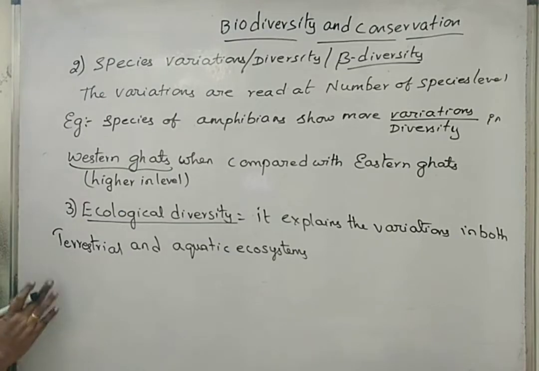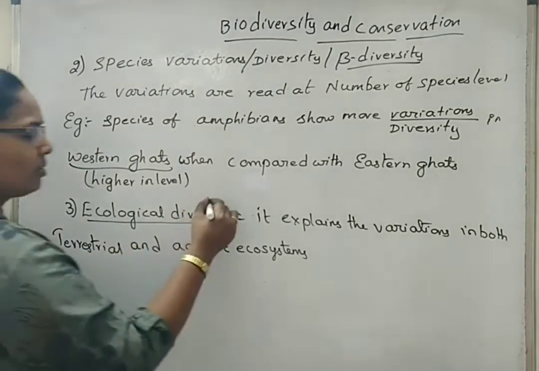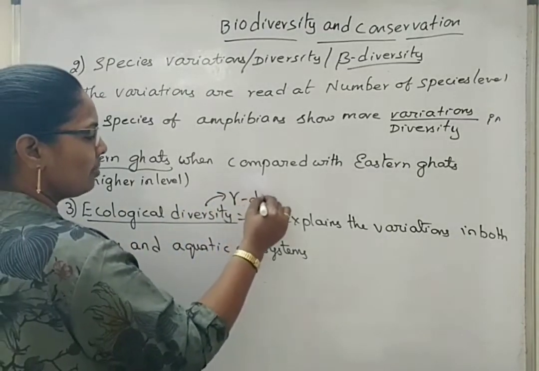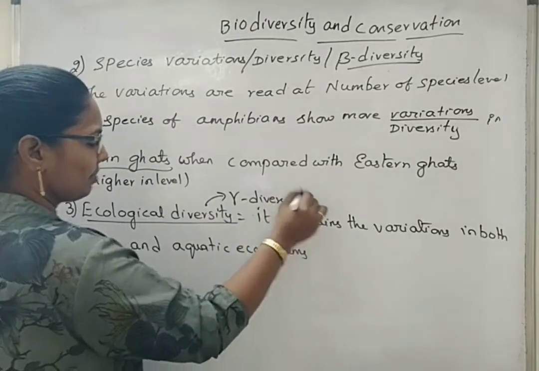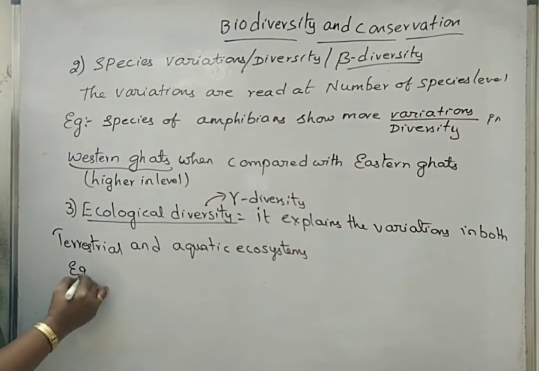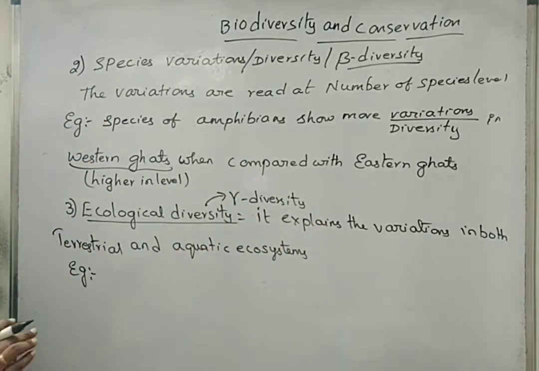According to NCERT, few examples are given, so we'll write this one. This is also called gamma diversity. So the example is that in India, biodiversity is more compared to that of Scandinavian countries.